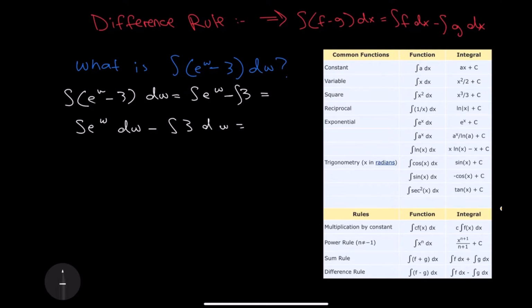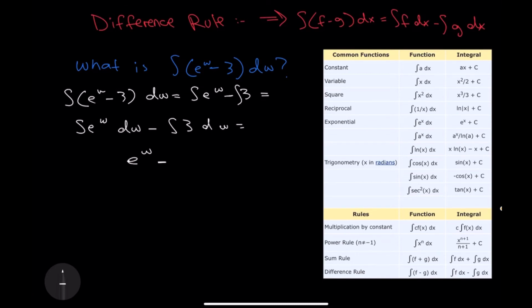Okay, so to solve these, we're just going to look at the table as a reference as to what to do. So for the e, we're going to leave it as is. So we're going to write e powered by w, and then minus 3 is a constant.